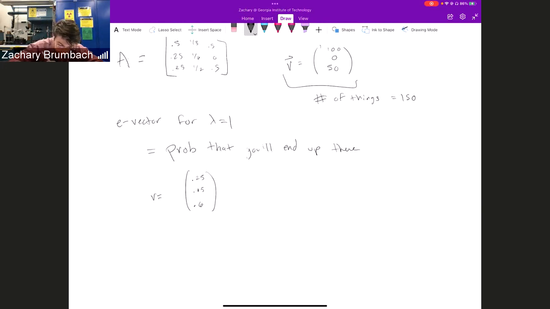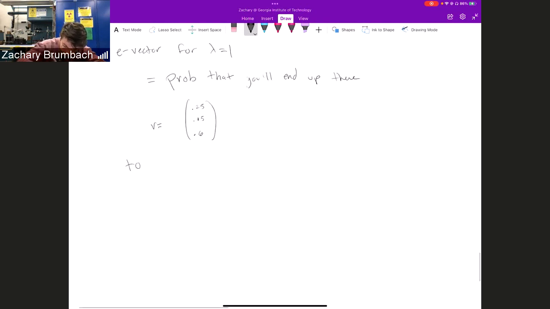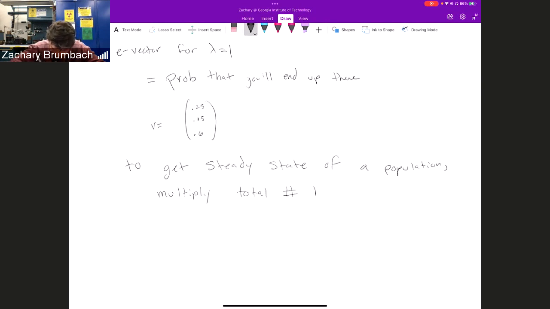And you just multiply the total number by our eigenvector for lambda equals 1.